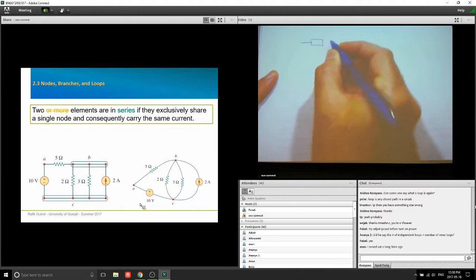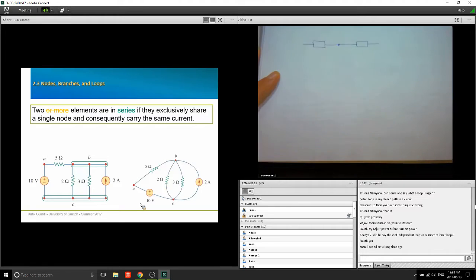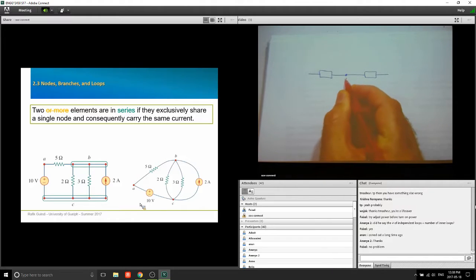If I have 2 elements like this, let's read the definition. 2 elements are in series if they exclusively share a single node. Now, do they share a node? Yes, this node in between is shared between these 2 elements.